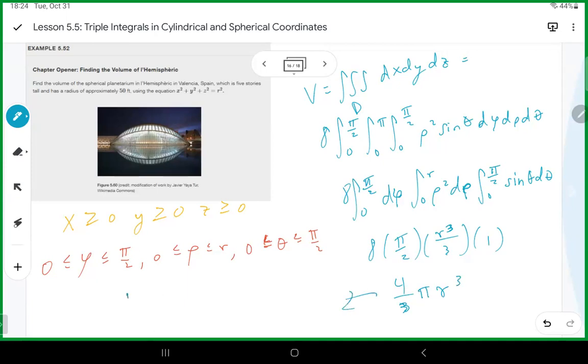So if we plug in our 50 feet, we would get approximately 523,600 feet cubed.